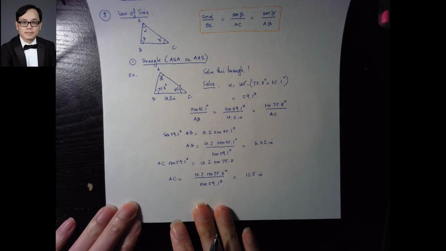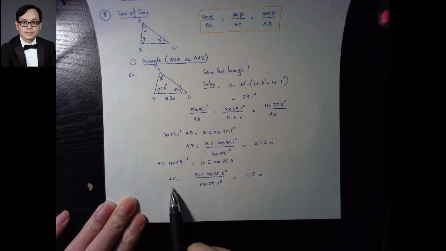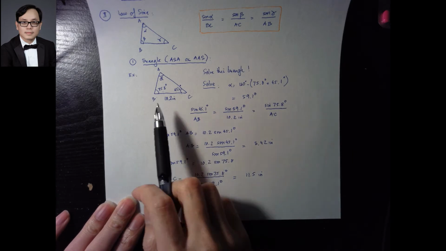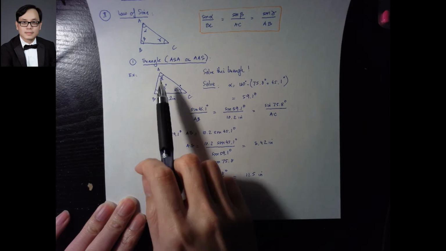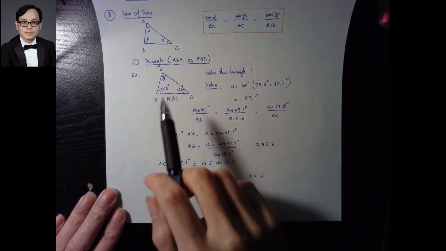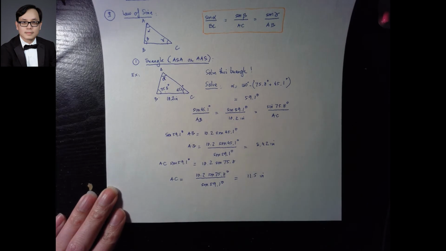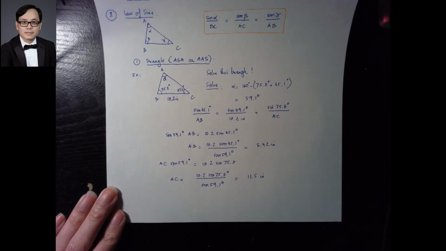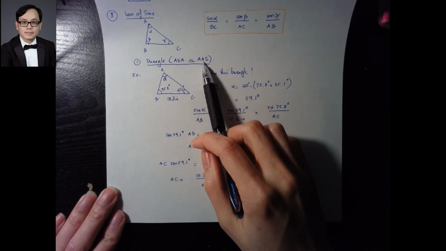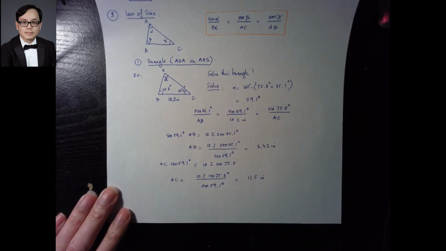Now I have successfully solved this triangle, because we got AC, we got AB, BC was given, and we got the measures of all three angles. So you see that if you are in this first case, angle side angle, your job is very easy. Or if you are in the case angle angle side, AAS, your job is also very easy.